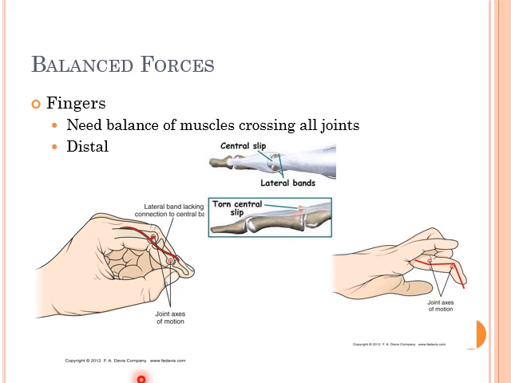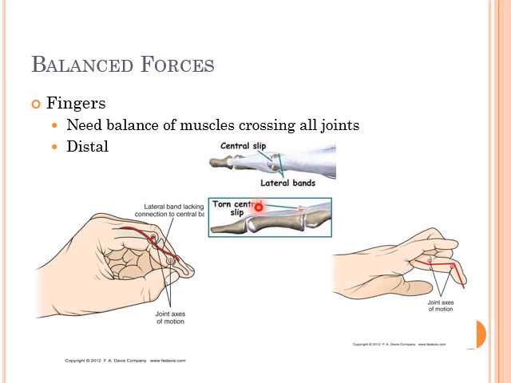We have what's called a boutonniere deformity. That's what we have right here. And over here we have what's called the swan neck deformity. Now, these are two different injuries involving different structures, and the picture is illustrating what happens. In a boutonniere deformity, the central slip of the extensor digitorum is involved.